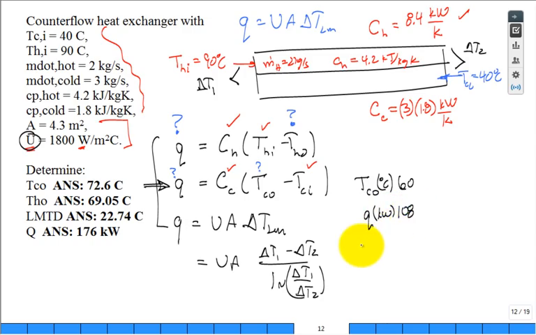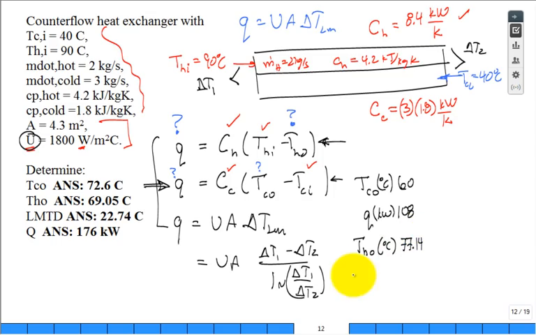And then we were able to get the temperature hot out in degrees C, coming back to this equation. So it's like: guess this, use this equation to get Q, then use this equation to get T hot out. T hot out came in at 77.14.